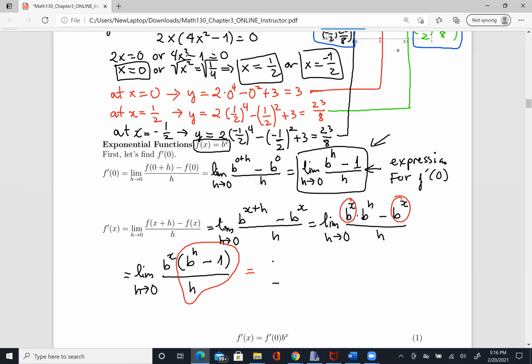I can just move out the b^x, because this doesn't have any h, and multiplied by the limit of (b^h - 1)/h. And you can see that now it's just going to become b to the power x times f prime of 0.